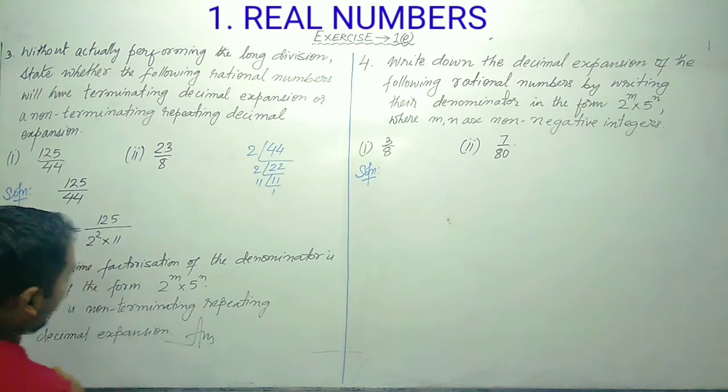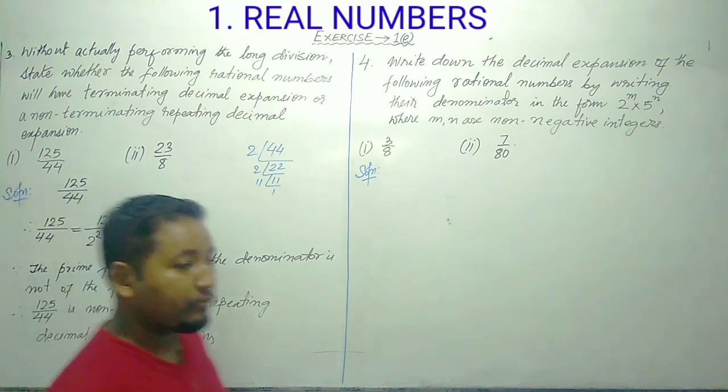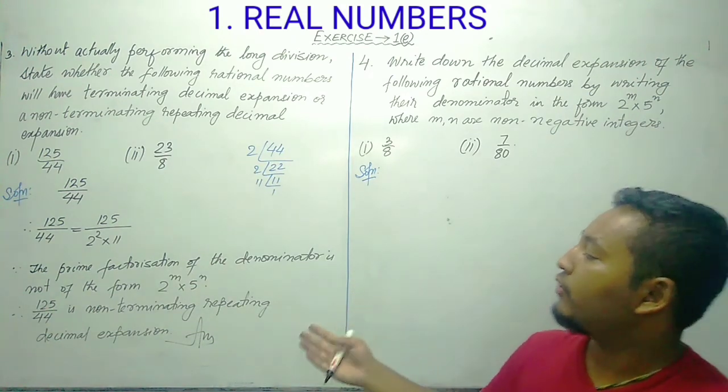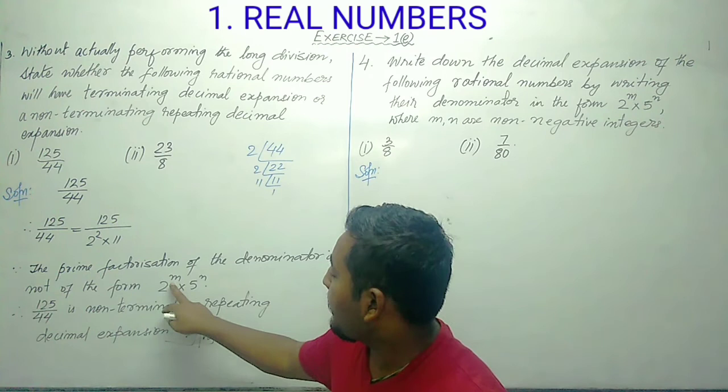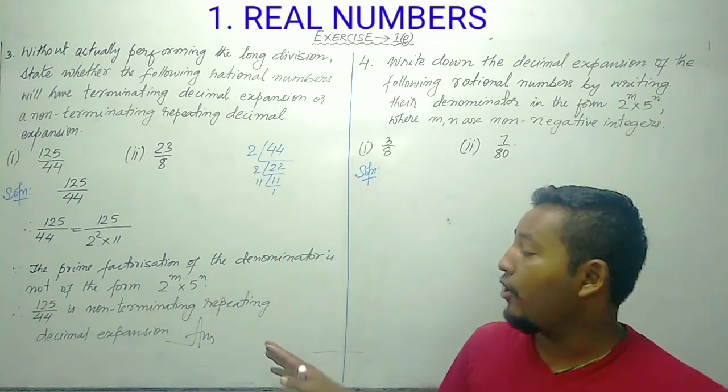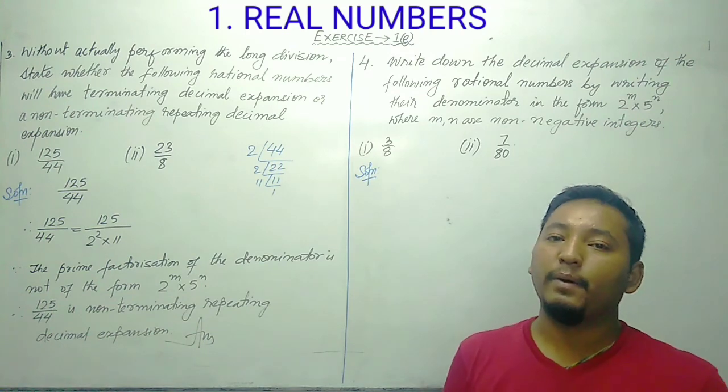That is our answer. Now, if the prime factorization of the denominator is not of the form 2 to the power m into 5 to the power n, therefore the given number is a non-terminating repeating decimal expansion.